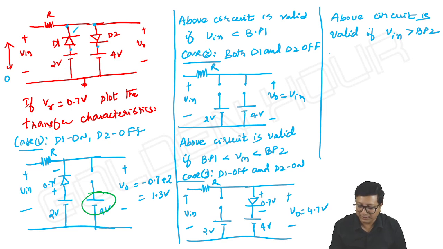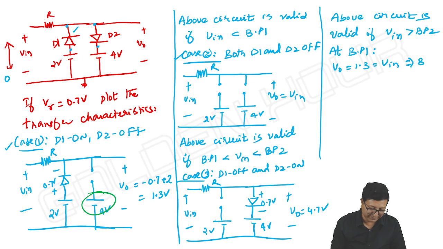At breakpoint 1, the overall system changes from case 1 to case 2. So at breakpoint 1, V output is equal to 1.3, which is of course equal to input. So breakpoint 1 is equal to 1.3 volts.